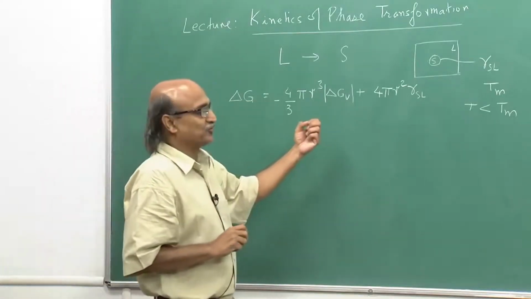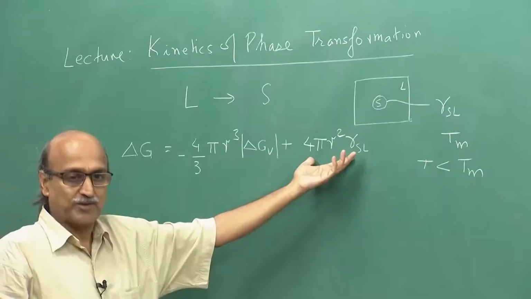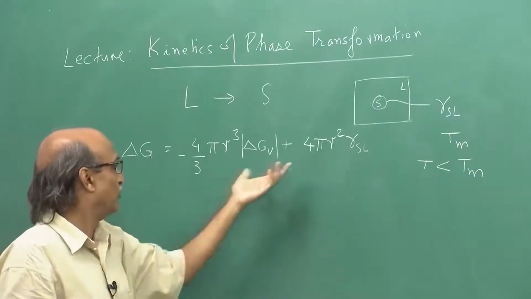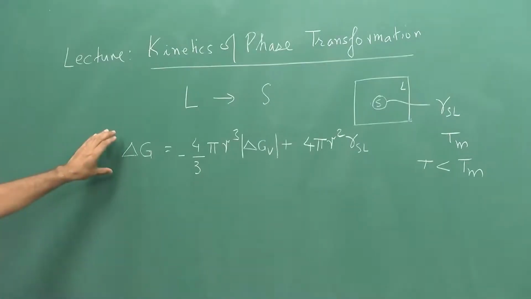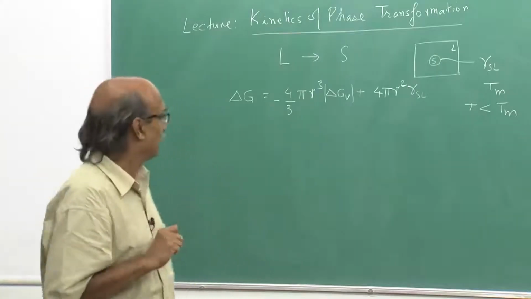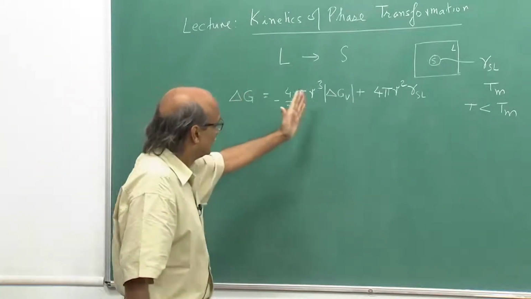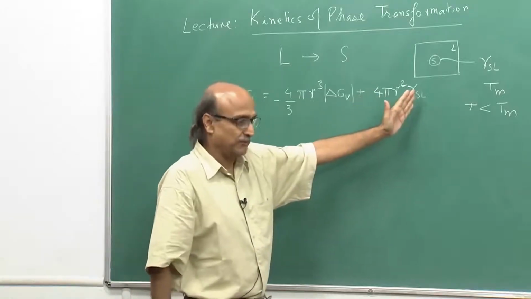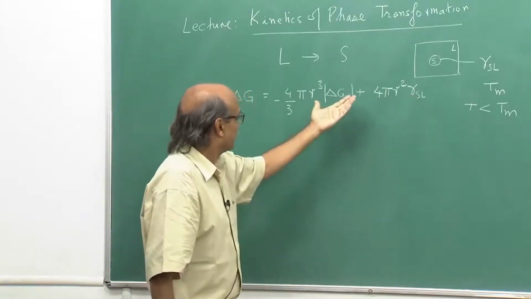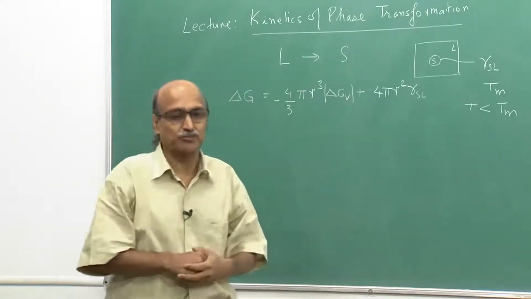If a nucleus is very small, then the positive term would dominate over the negative term, and the overall change in free energy for creation of a nucleus of a small radius would actually be positive. However, if the nucleus becomes much larger, then the negative term can dominate over the positive term.